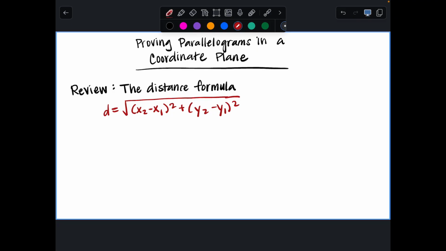I'm not going to go through examples of the distance formula. We did that in prior objectives. So that is just the formula that you're going to need to use for some of these proofs.